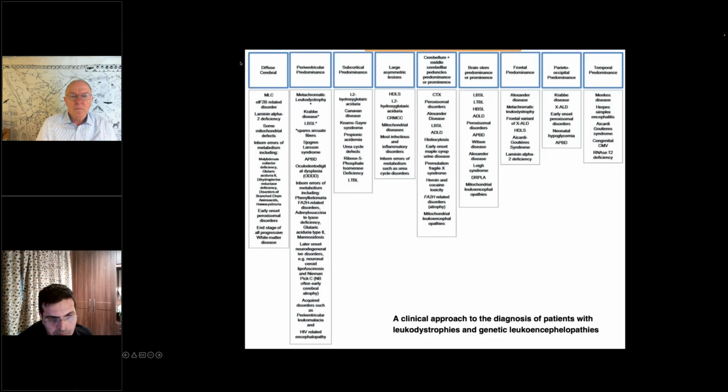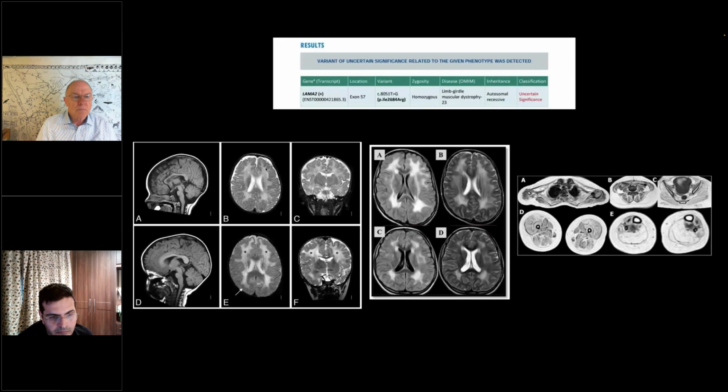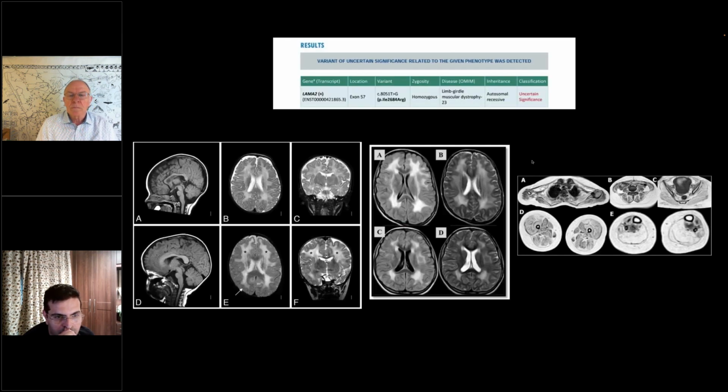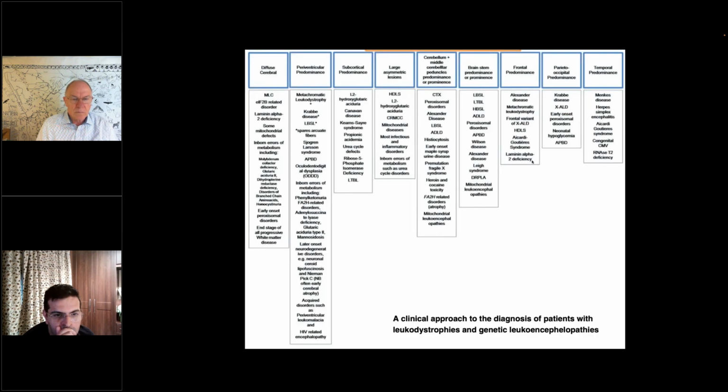At that point, we thought of possibilities involving this panel, the diffuse cerebral panel, which had these abnormalities, and genetics came out for a VUS, a LAMA2 mutation. These are literature examples of these diffuse periventricular predominant white matter abnormalities, and to open the case for further comments if the gene is likely to be pathogenic or not, based on the imaging and clinical presentation.